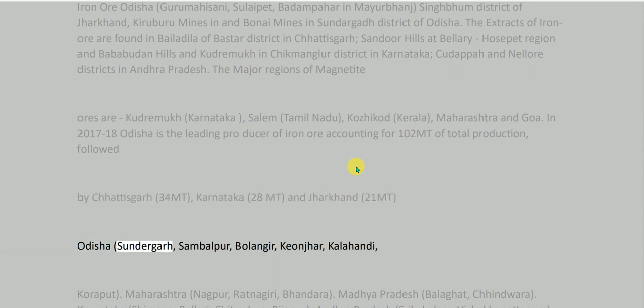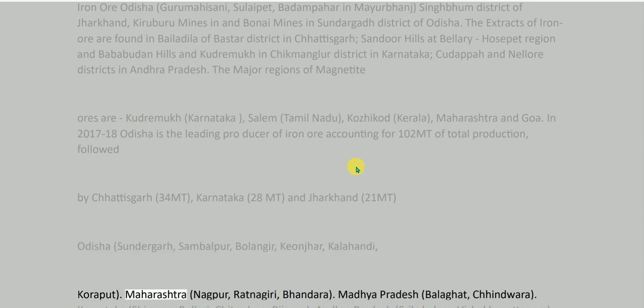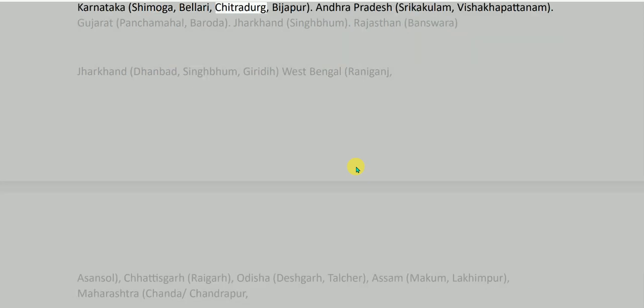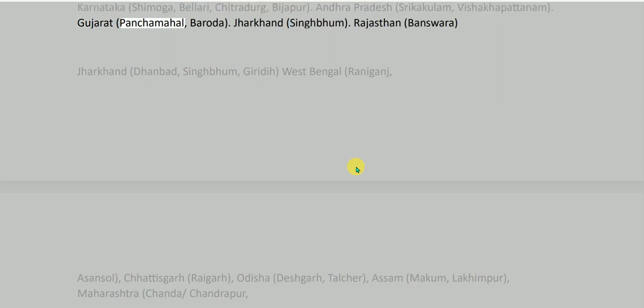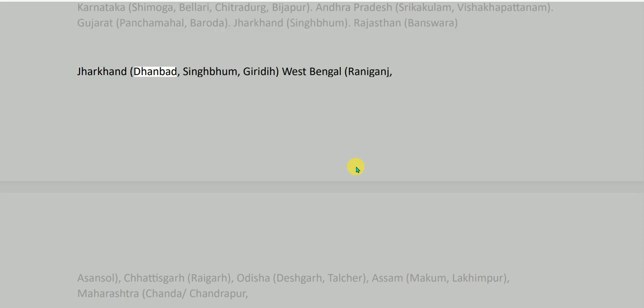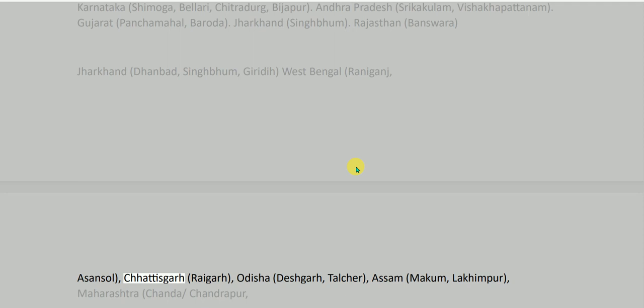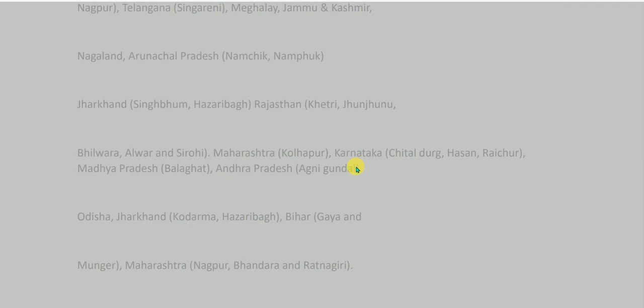Odisha: Sundargarh, Sambalpur, Bolangir, Keonjhar, Kalahandi, Koraput. Maharashtra: Nagpur, Ratnagiri, Bandara. Madhya Pradesh: Balaghat, Chindwara. Karnataka: Shimoga, Bellary, Chitradurg, Bijapur. Andhra Pradesh: Srikakulam, Vishakhapatnam. Gujarat: Panchamhal, Baroda. Jharkhand: Singhbhum. Rajasthan: Banswara. Jharkhand: Dhanbad, Singhbhum, Giridih. West Bengal: Raniganj, Asansol. Chhattisgarh: Raigad. Odisha: Deshgarh, Talcher. Assam: Makum, Lakhimpur. Maharashtra: Chanda, Chandrapur, Nagpur. Telangana: Singareni.